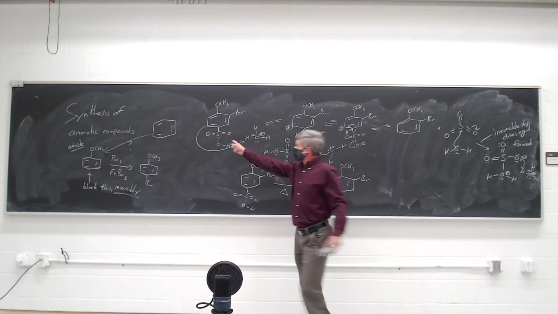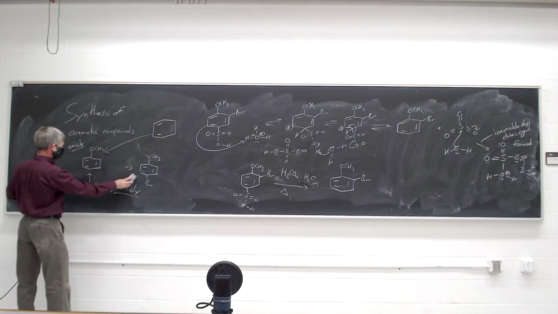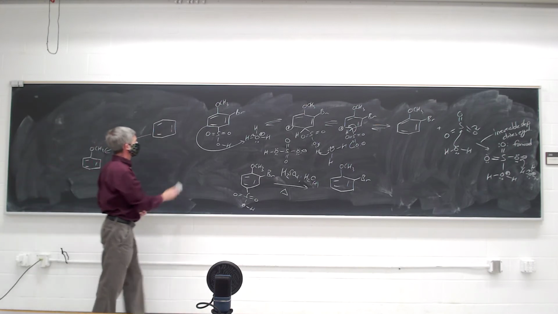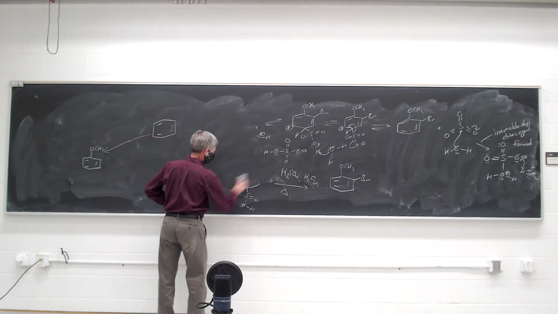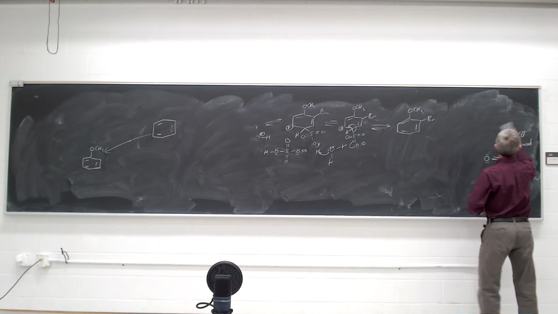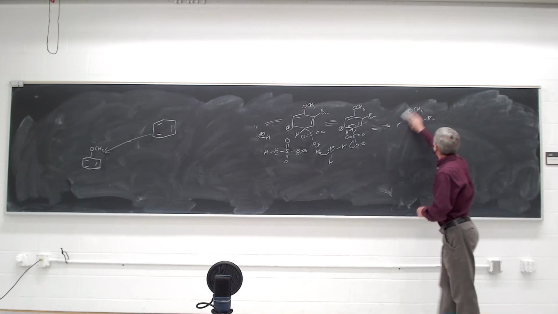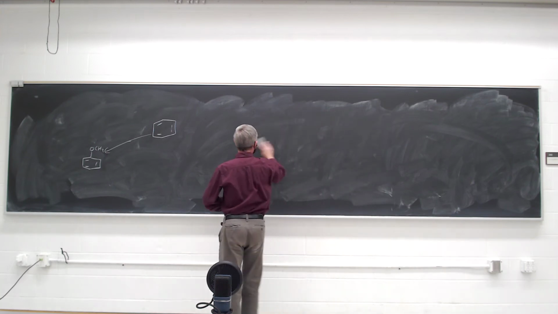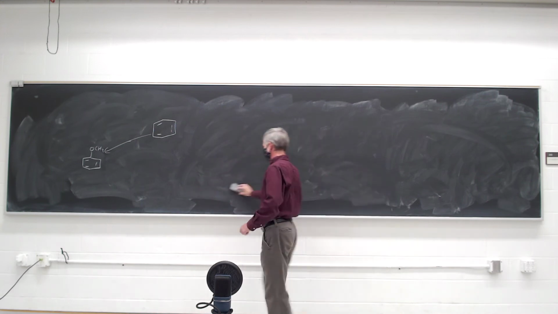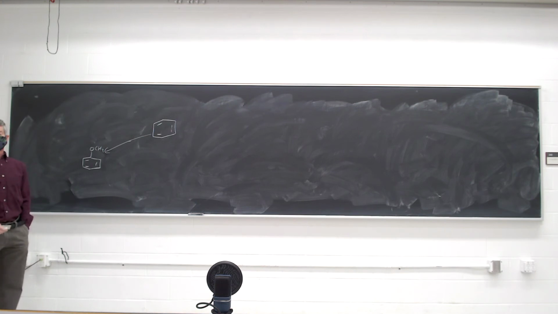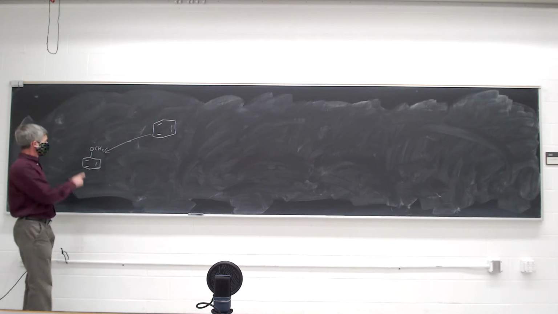So how are we going to make anisole in the first place? How do we do this first step to create methoxybenzene from benzene? So we've got to put an oxygen onto the ring, right?